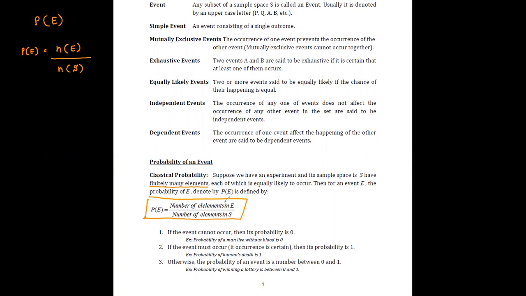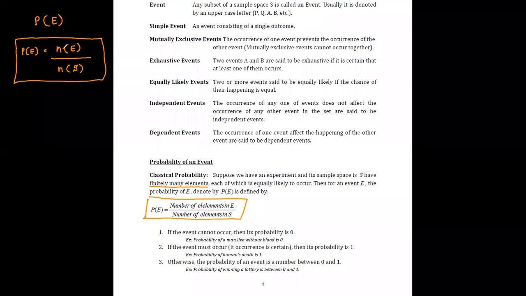This is said to be the classical probability. Therefore, using the definition of classical probability, you can obtain this equation. If you have an event E, then the probability of the event E is the number of elements in event E divided by the number of elements in the sample space.